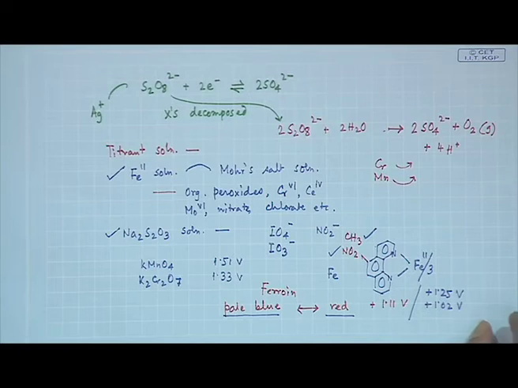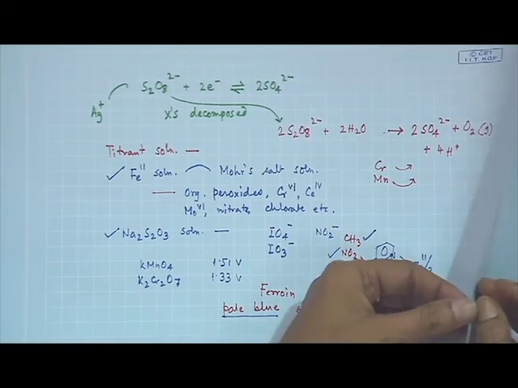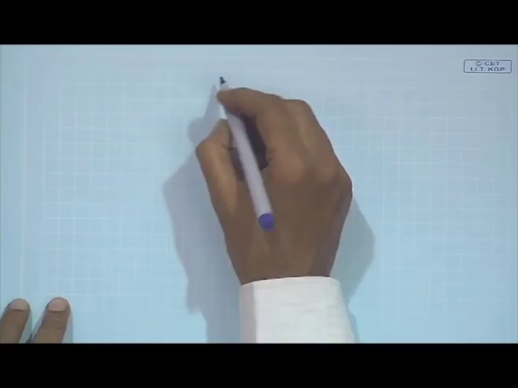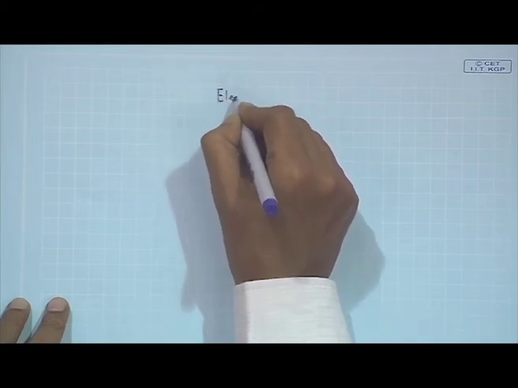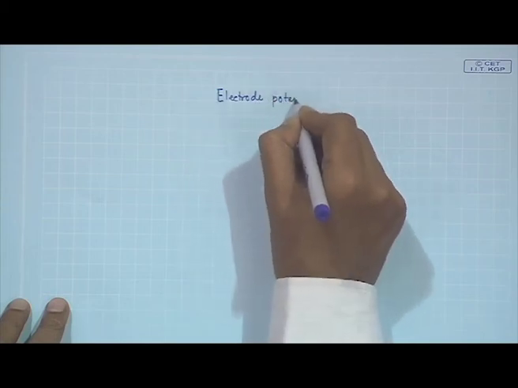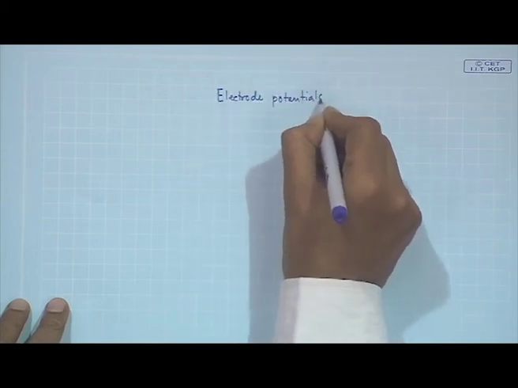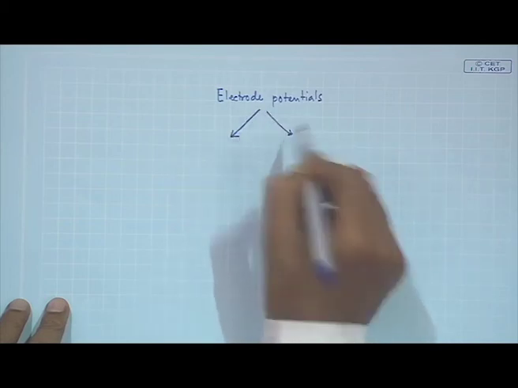And all these things we can utilize nicely for your corresponding reactions, where we come to know that these potential values are very much useful for the different electrode potentials. And the corresponding values are changing.